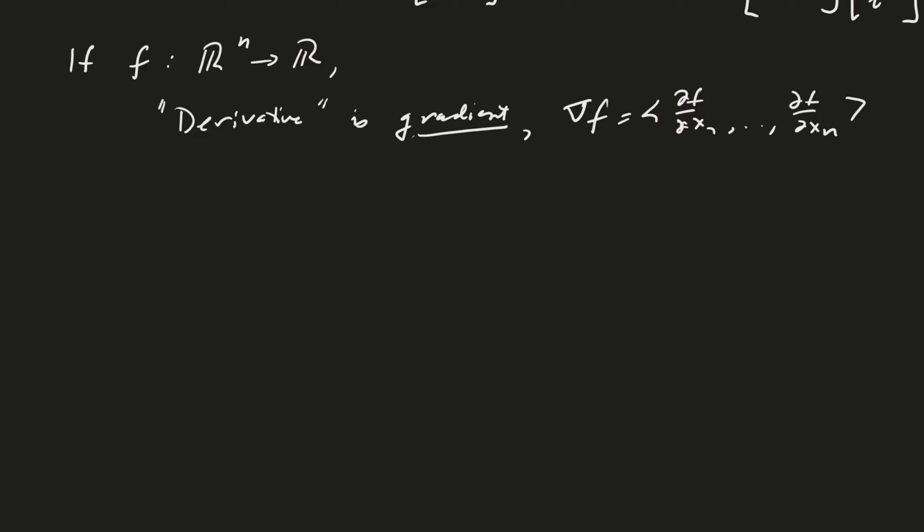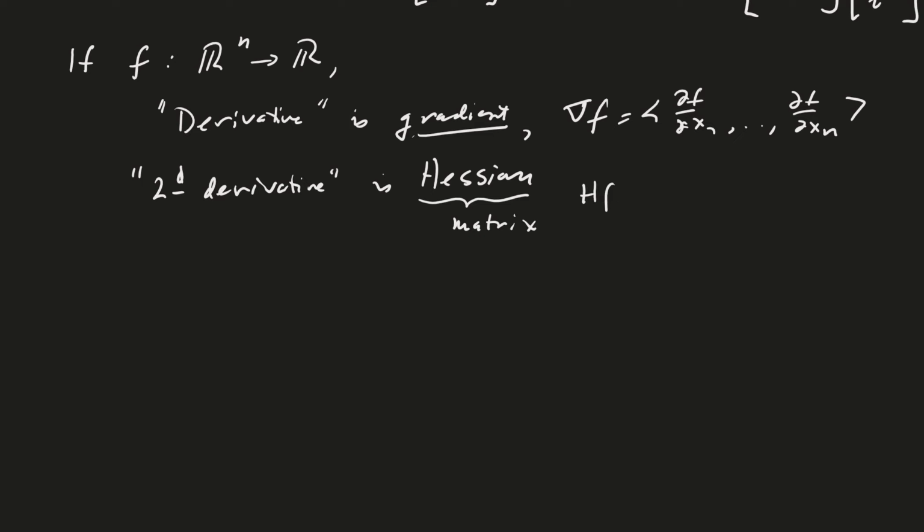So I'm assuming I've got n variables, and the second derivative is the Hessian. And remember that this is a matrix, okay, where HF is f11, f12, f1n. So these are the second partial derivatives.